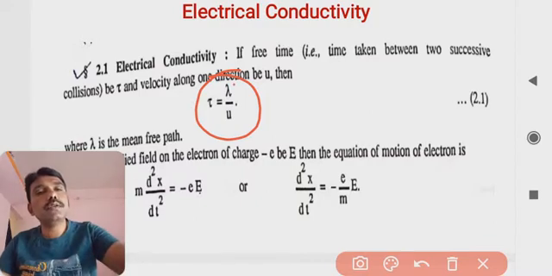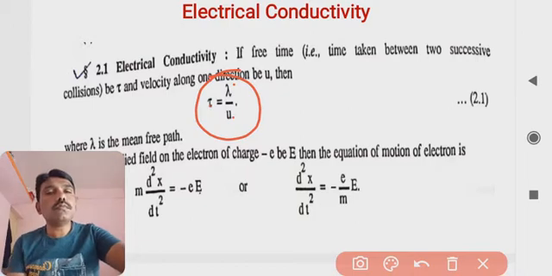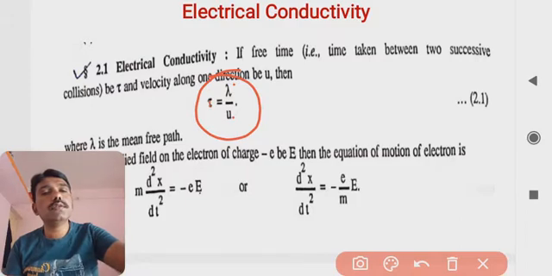Velocity is distance upon time, so tau is equal to lambda by u.